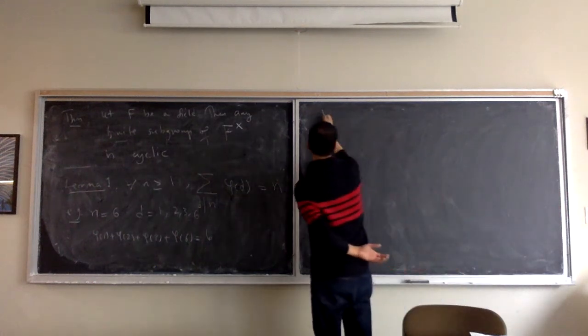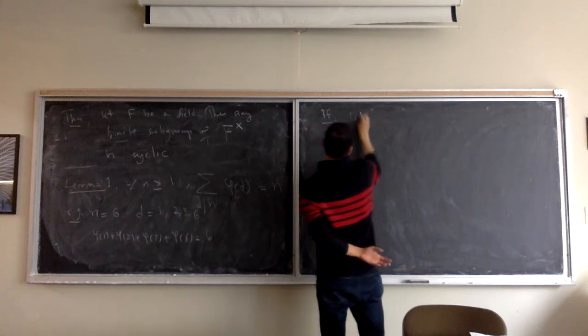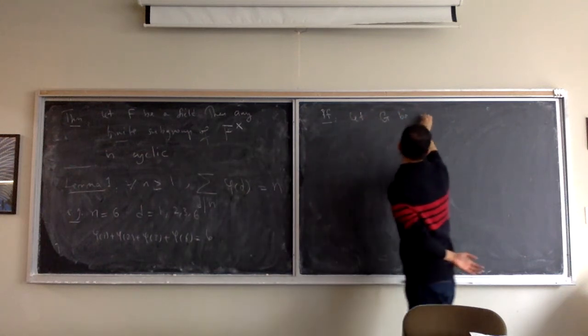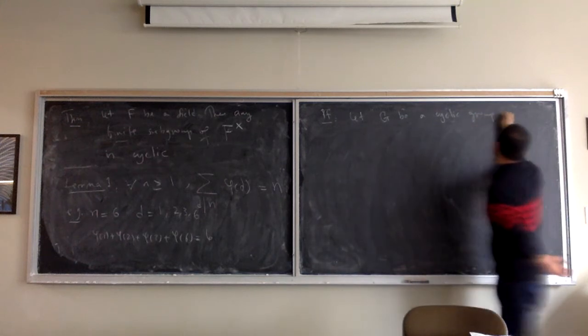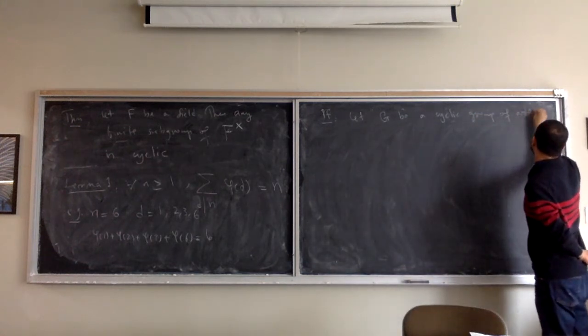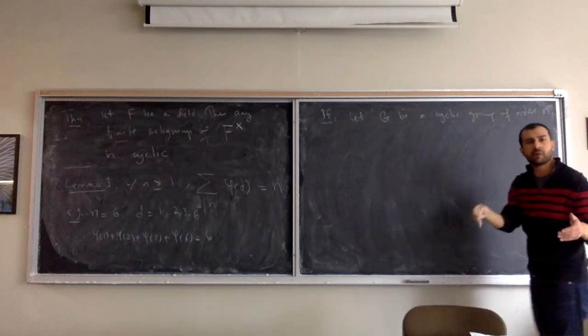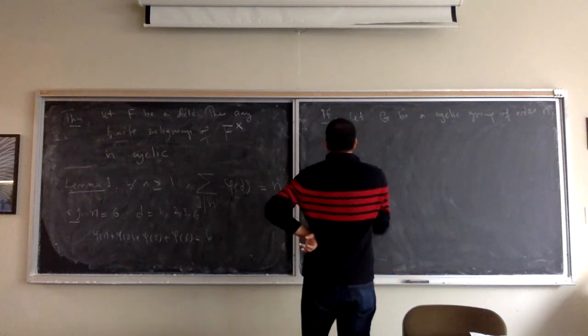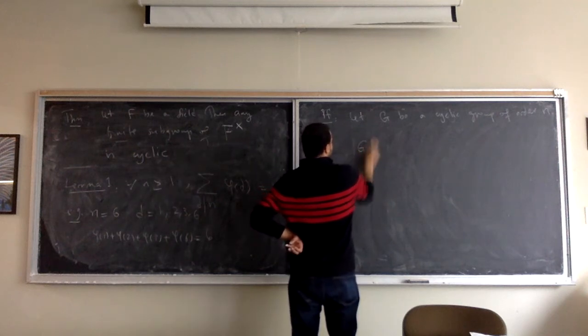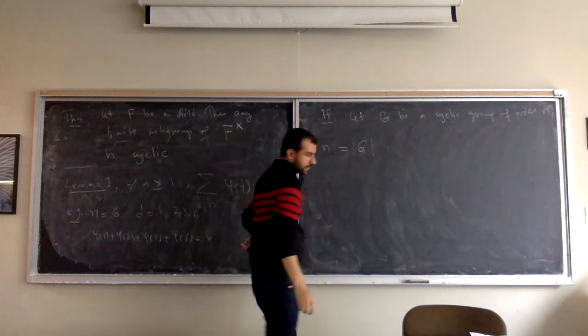So let me give the proof here. Let G be a cyclic group of order n, say Z mod n Z. The number of elements of G is equal to n.